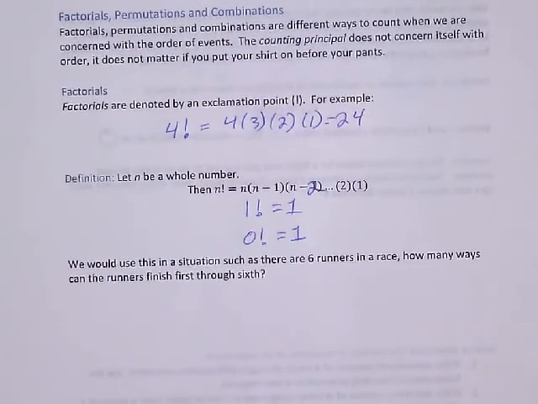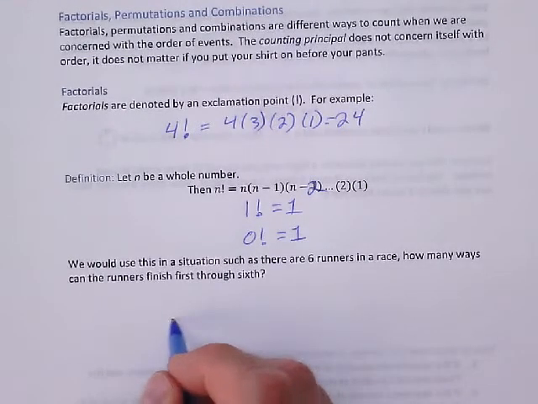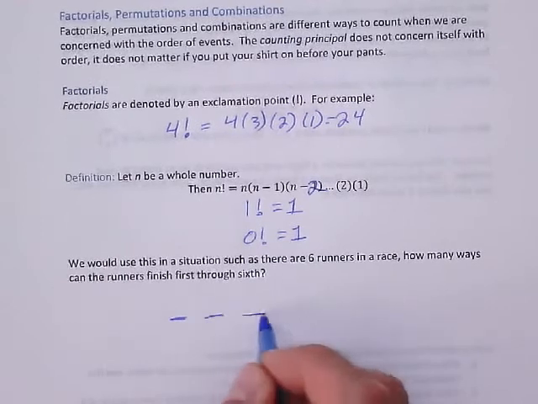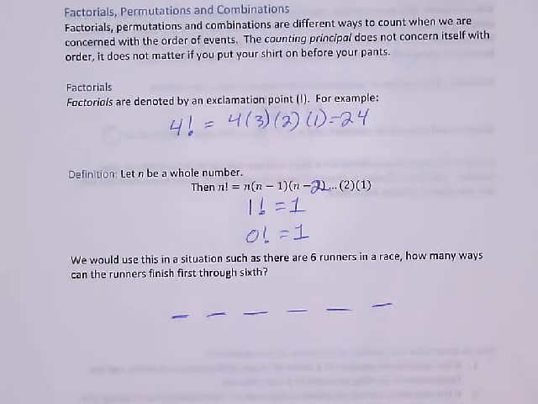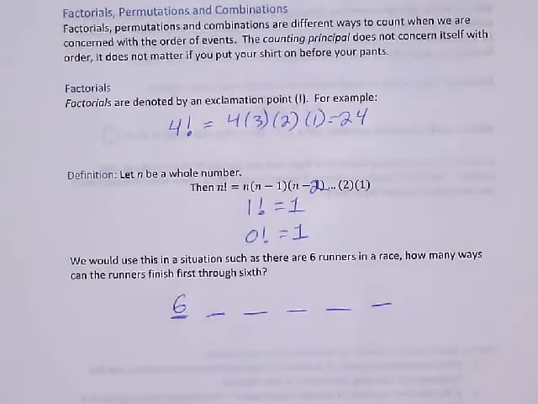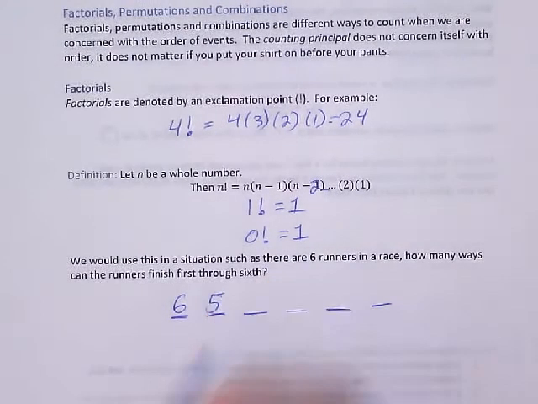So for instance, we could use this factorial for trying to figure out the ways that 6 runners can finish in a race. If you think about it, we have 6 runners in a race, so we can do 1st, 2nd, 3rd, 4th, 5th, and 6th. How many runners do we have for 1st place? Well, 6 runners can come in 1st place. Then how many runners can come in 2nd place?